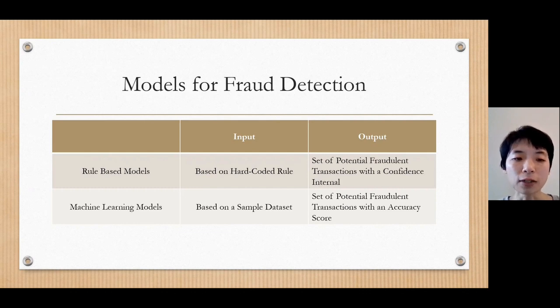Therefore, on the flip side, we have these machine learning models, which give the machine a chance to learn patterns based on an input dataset that you provide it with.